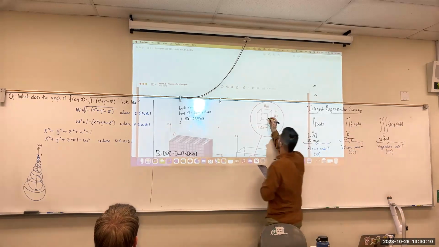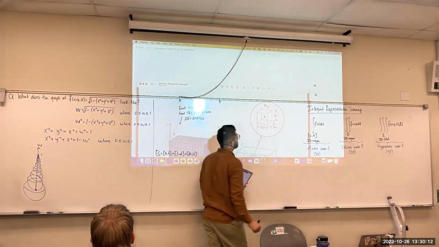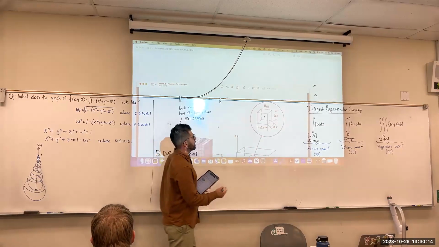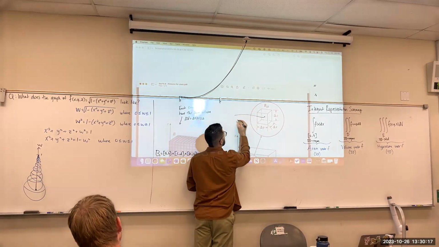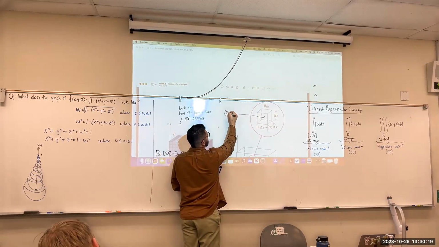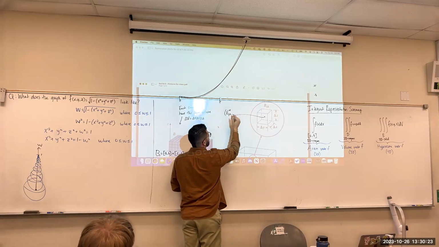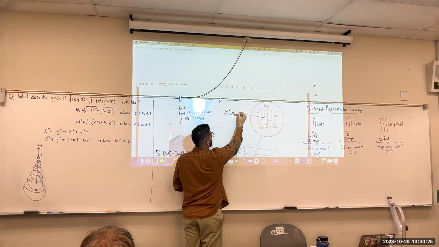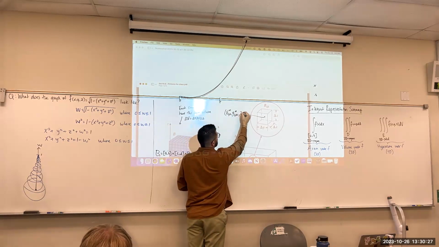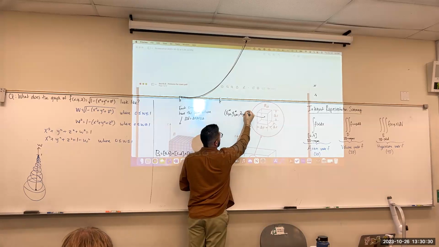And then, like I said, for each of these little boxes here, you're gonna grab a point, and we're gonna label it x sub ijk star, y sub ijk star, and z sub ijk star.